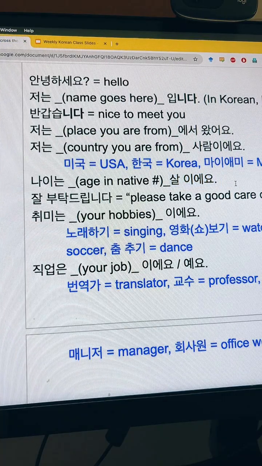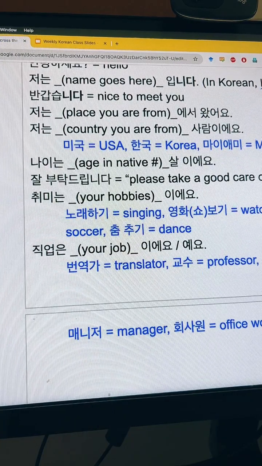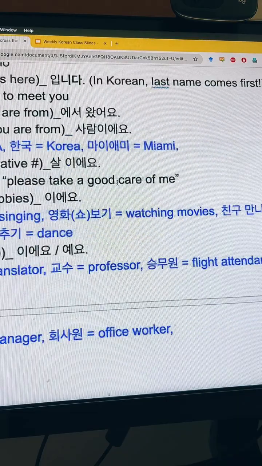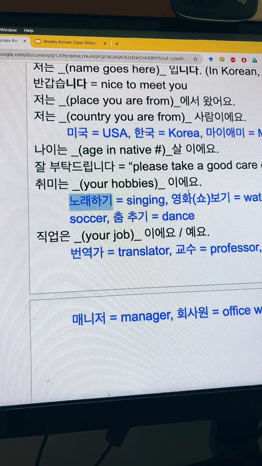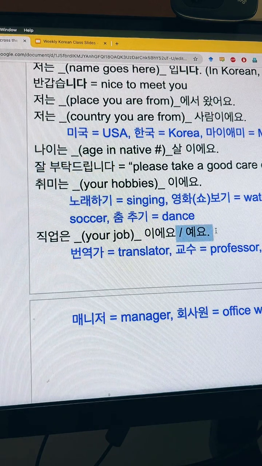And you say 살이에요. And then 잘 부탁드립니다. 취미는 노래하기예요.